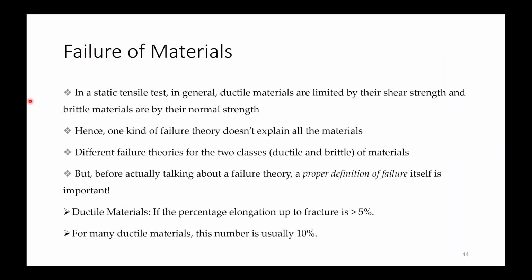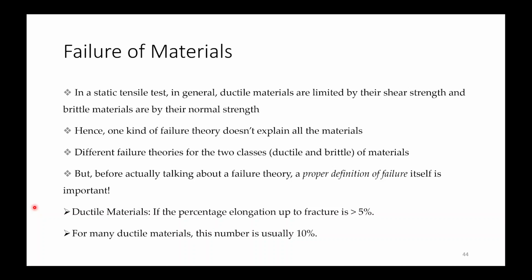Now in a static tensile test in general, ductile materials are limited by their shear strength, and brittle materials by their normal strength. Hence one kind of failure theory doesn't explain all materials, and different failure theories are used for the two classes of materials.